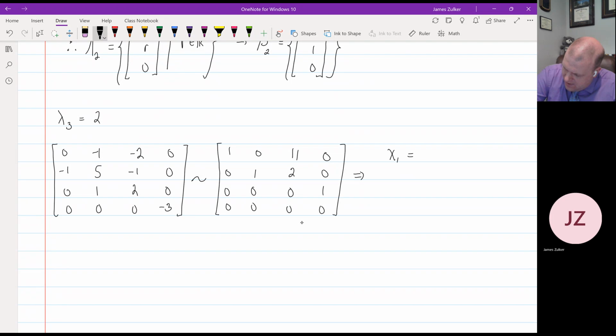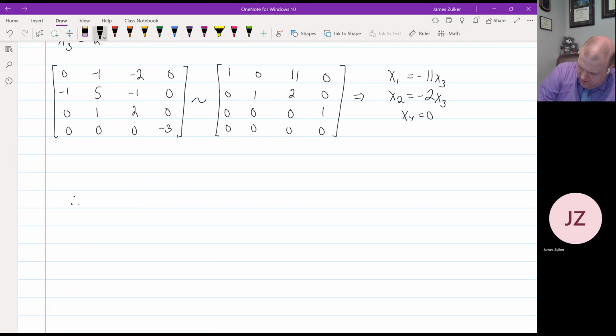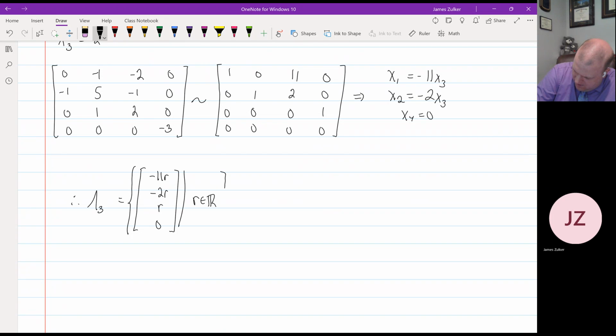All right, that means that x1 is -11x3, x2 is -2x3, x4 is 0. The eigenspace is the set of vectors -11r, -2r, r, 0. And so we can take for our basis the set of the vector 11, 2, -1, 0.